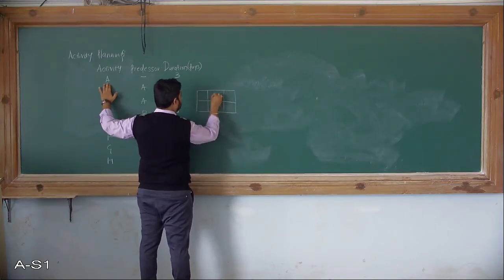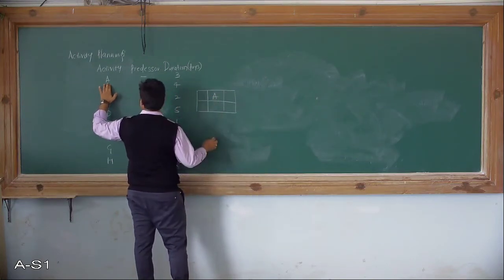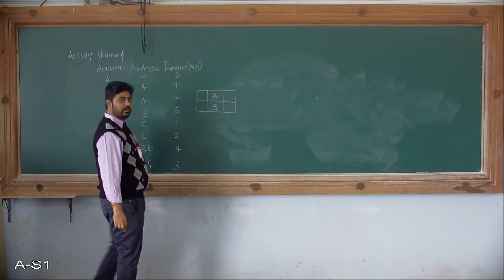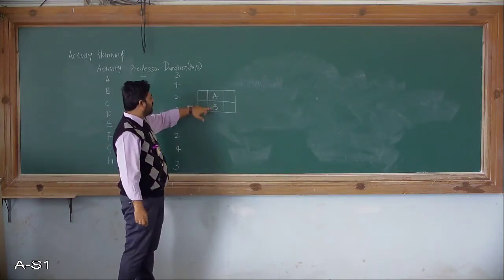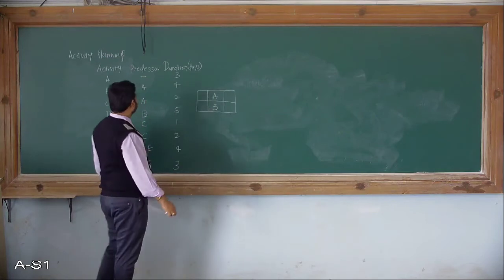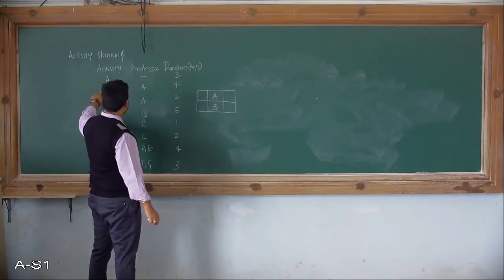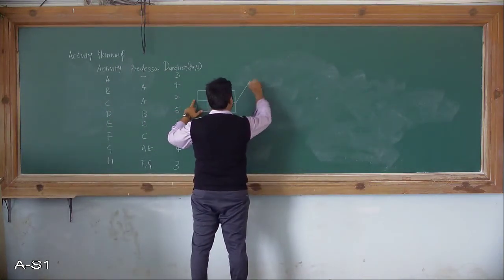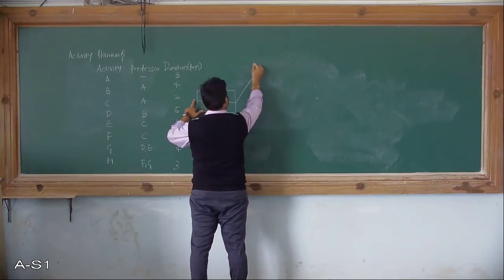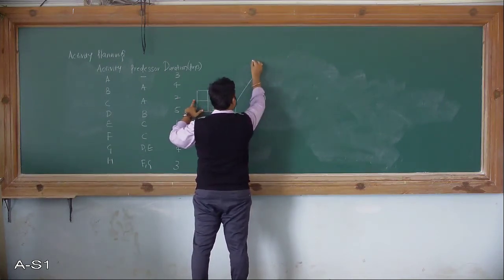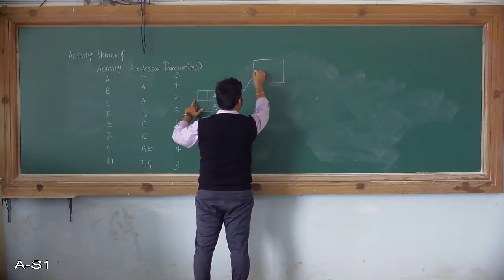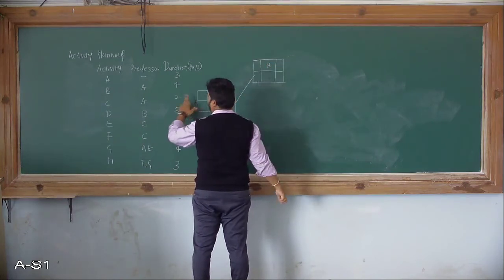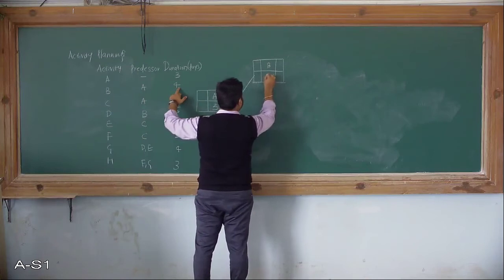This is the activity name and the duration allocated for it is 3 days. Activities B and C follow A, as we saw in the rough graph. Here this is activity B and the duration is 4.